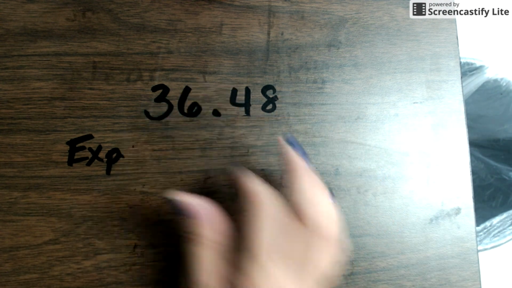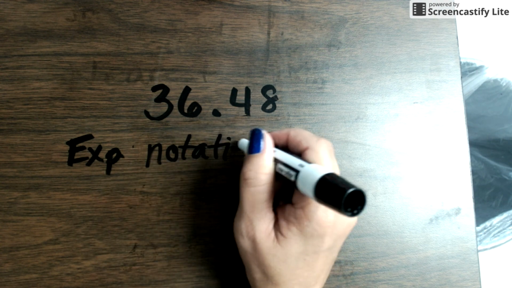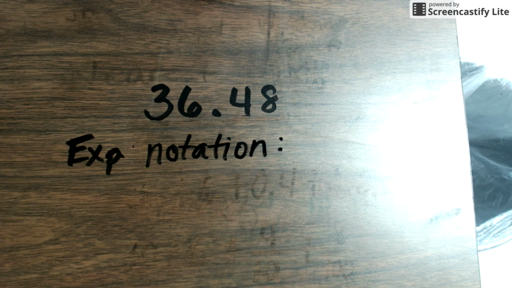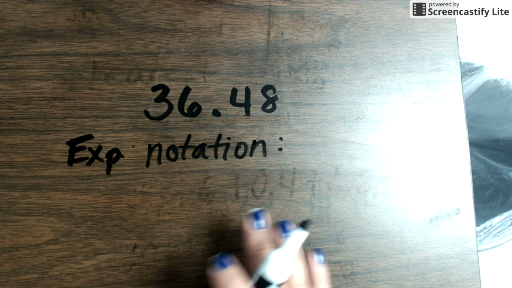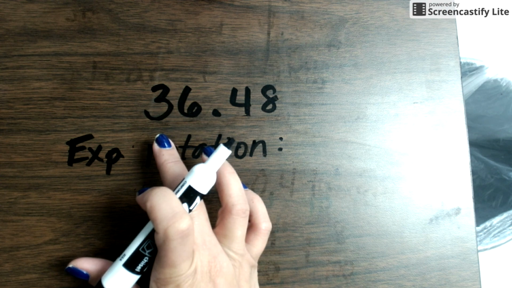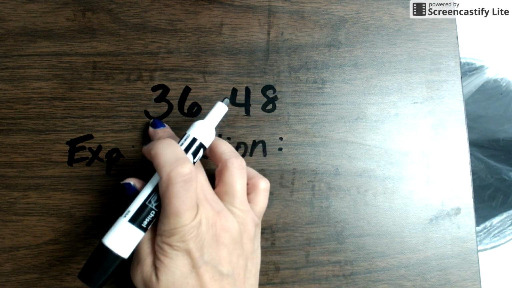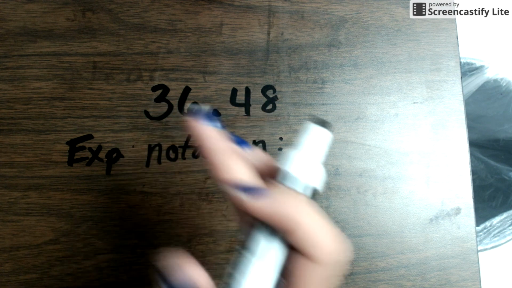Okay, let's take a look at the expanded notation of our number. We're going to take the same number, and then rather than showing the expanded form, we're going to show expanded notation. Expanded notation is when you are looking at how many of each you have in each position. So for example, in the tens place, we have 3.